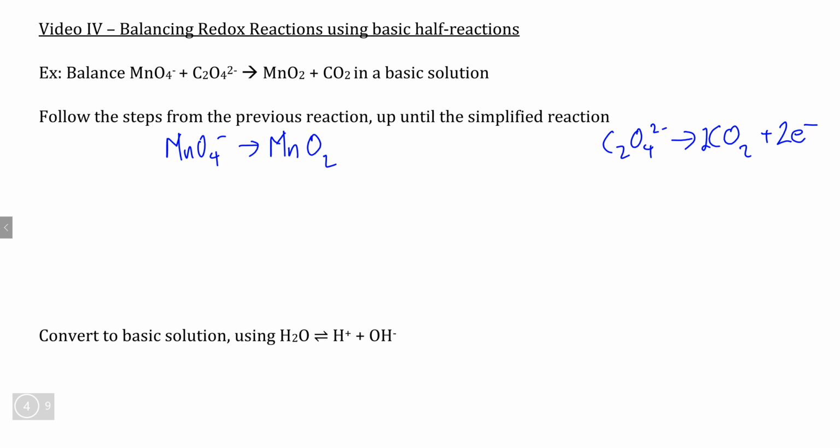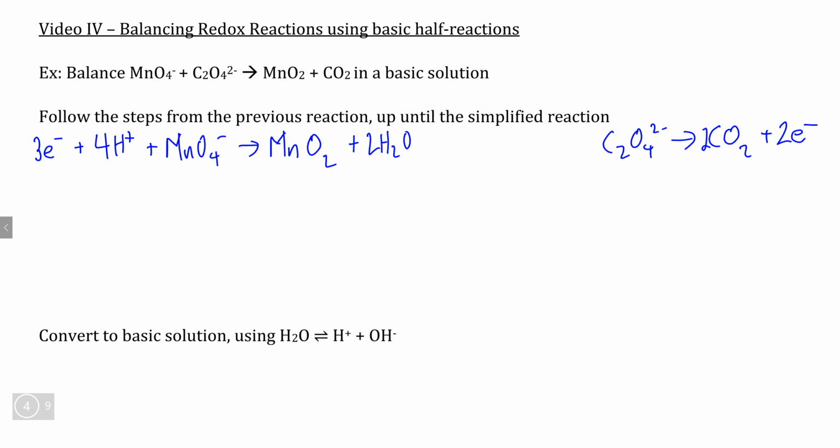So, all that remains is to balance our first half reaction, which we can do by first balancing oxygen by adding 2 water molecules to the product so that we now have 4 oxygen atoms on either side. Next, we can add 4 H plus ions to the reactants to balance out hydrogen, and then we need to add 3 electrons, not 4, but 3 electrons to balance out all of the charge on the reactant side.